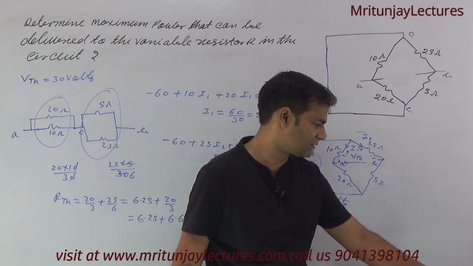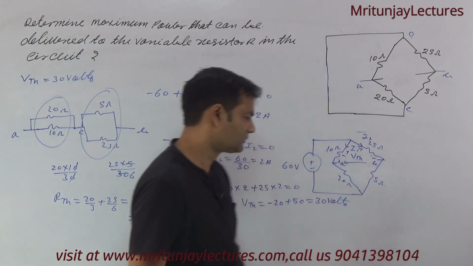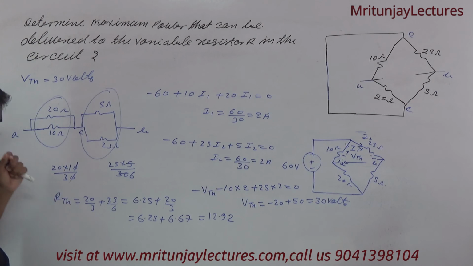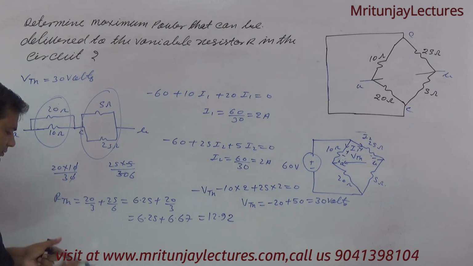Clear or not? 20 and 10 in parallel gives 200 divided by 30, so it is clear. 20 by 3 is 6.67, clear.